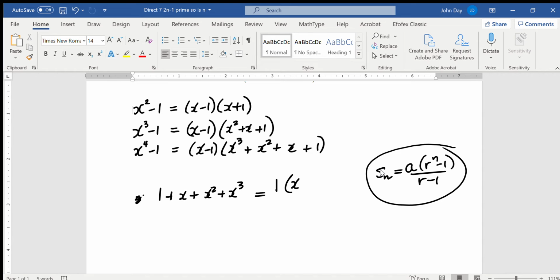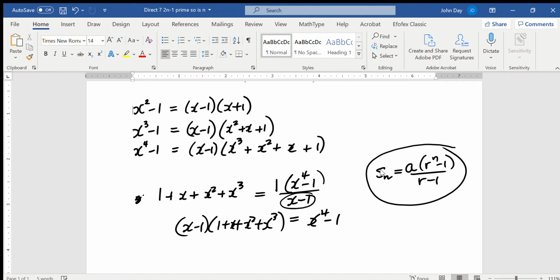There are 4 terms. Now, if you multiply both sides by x minus 1, you'll get (x minus 1) times (1 plus x plus x squared plus x cubed) equaling x to the 4 minus 1.